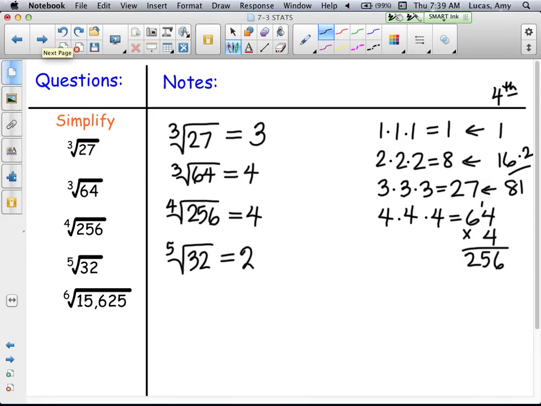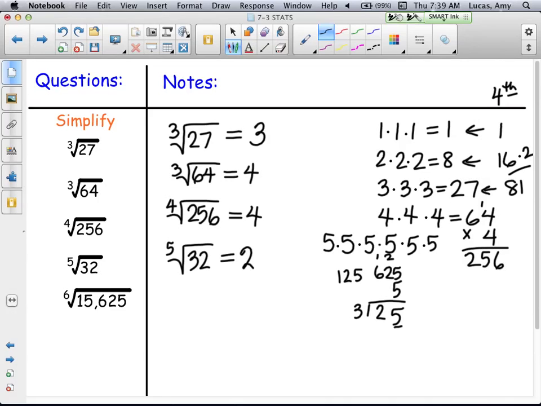Now the bottom one, because it ends in a 5, I'm thinking that I'm going to need the power of 5. So 5 times 5 is 25, times another 5 is 125, times another 5 is 625, times another 5 is 3125. So now I'm up to 1, 2, 3, 4, 5 of them.